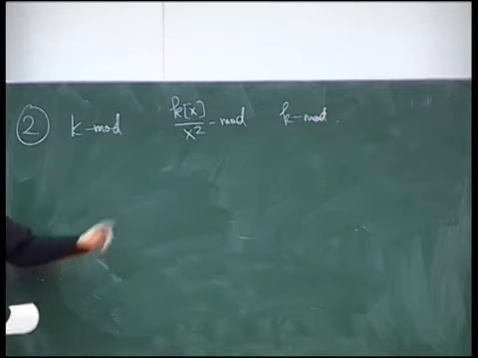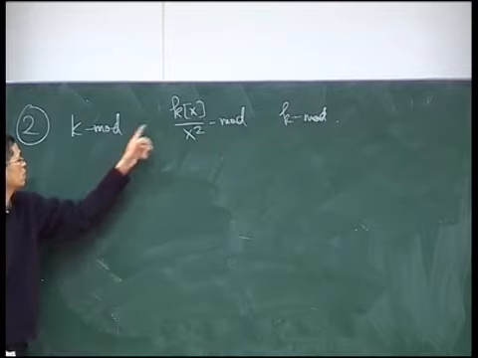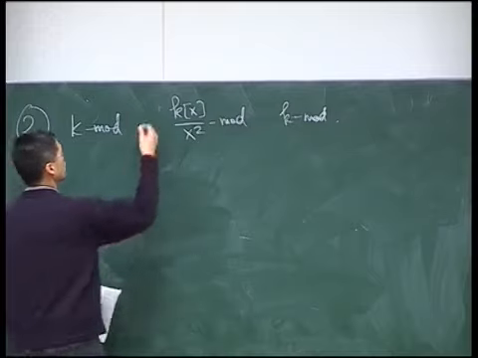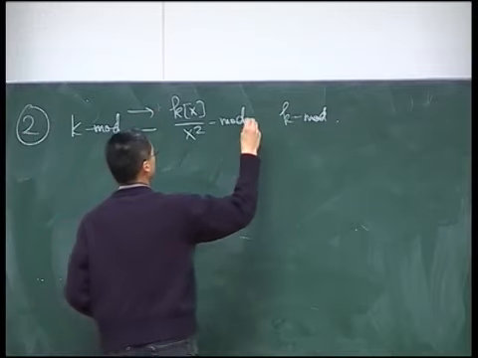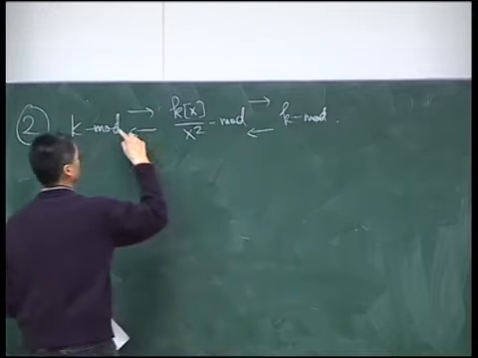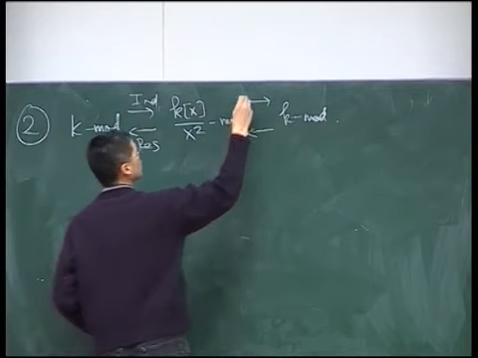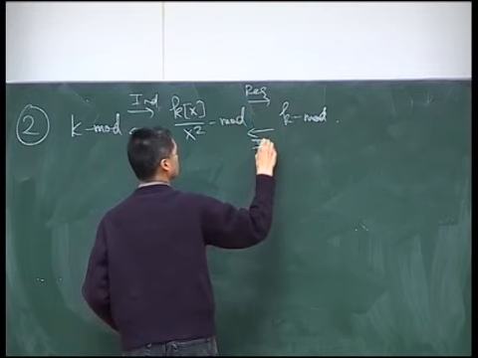Okay, and then a natural way to connect these is by inducing and restricting. So when we go up, we induce. And when we go down, we restrict.